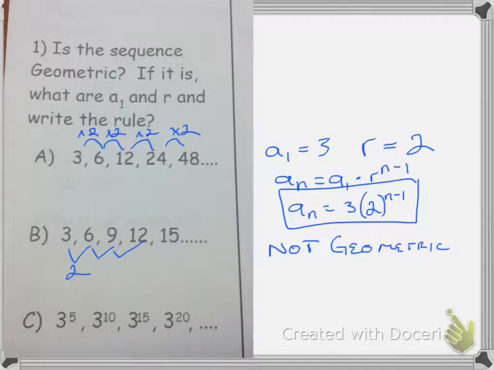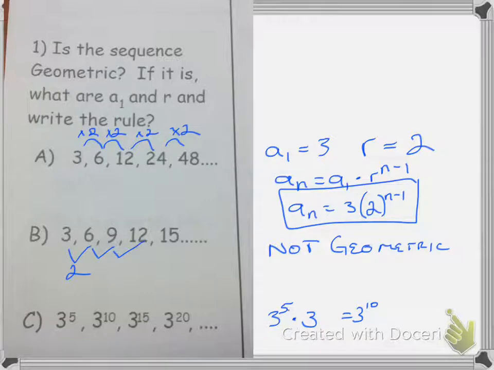And the last one, if I take 3 to the 5th and I'm looking to multiply that by something to get to 3 to the 10th, notice the base is 3, so the base would be 3 for the common ratio as well. What do you do with the exponents when you have the same base? You don't multiply the exponents, you add the exponents.